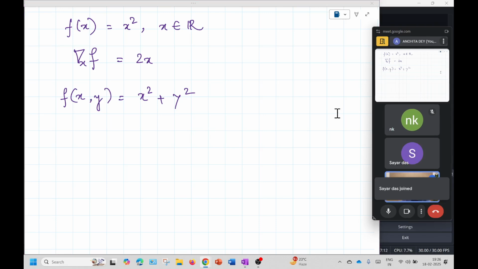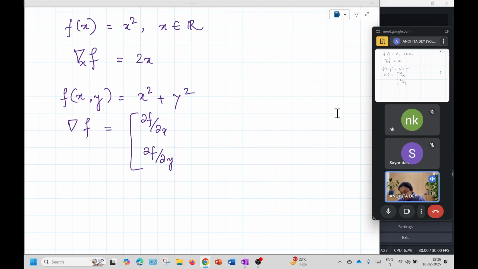In this case, grad f would be dou f dou x and then dou f dou y. So then we can write it as twice x, twice y.